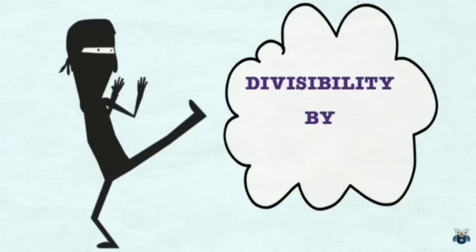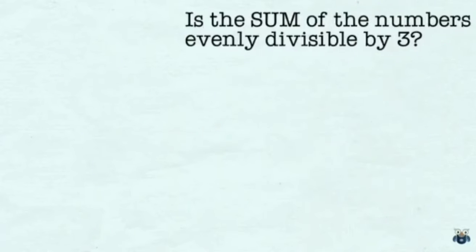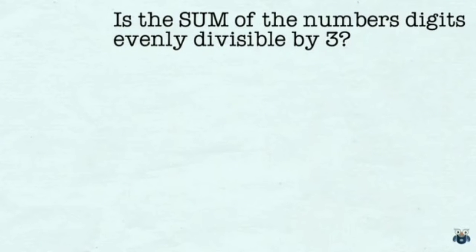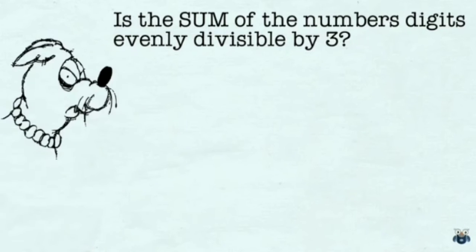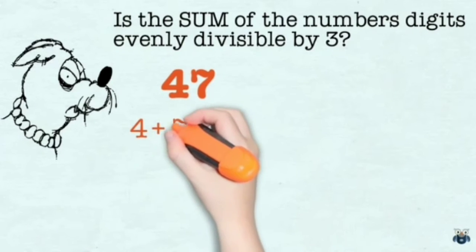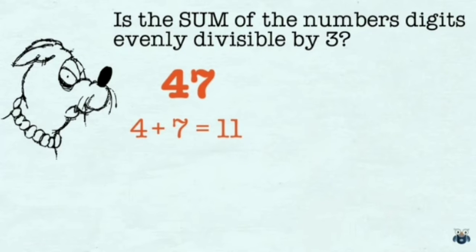Now let's look at divisibility by 3. If the sum of a number's digits is evenly divisible by 3, then the number too is divisible by 3. So let's look at our bill amount again. It was $47, right? 4 plus 7 equals 11. Is 11 divisible by 3? No, it's not.